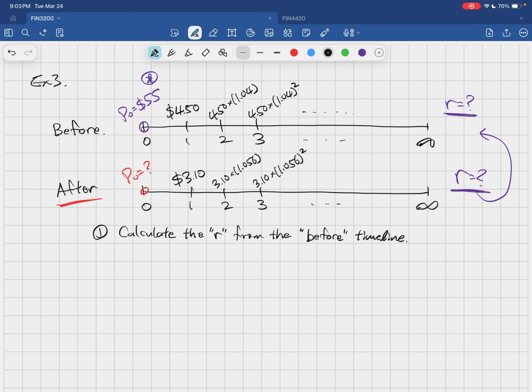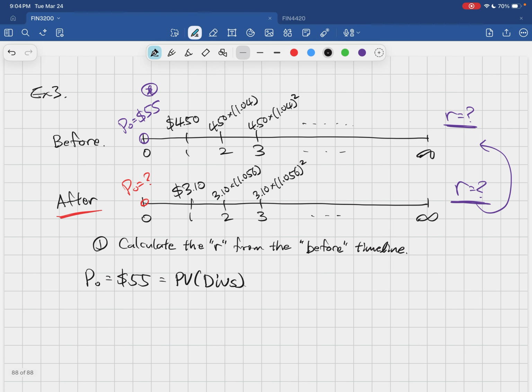So this price at time 0 of $55 is the present value of all of the future dividends. We're gonna look at the cash flow pattern, and we can see that this cash flow is a growing perpetuity. We have dividends occurring every year, and it's growing at a constant rate, 4%, and it's going on forever. So it's a growing perpetuity.